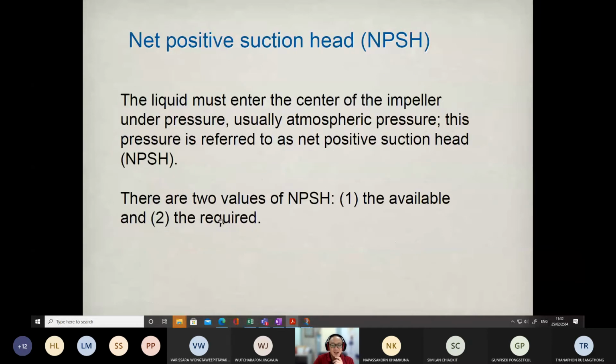Okay, this required NPSH is provided by the manufacturer. It depends on the pumps themselves, but the NPSH available depends on how we install the pumps.